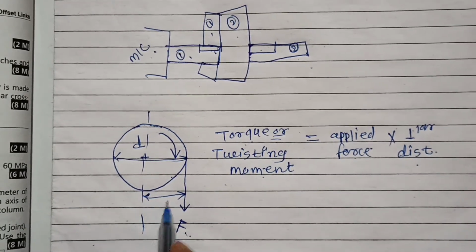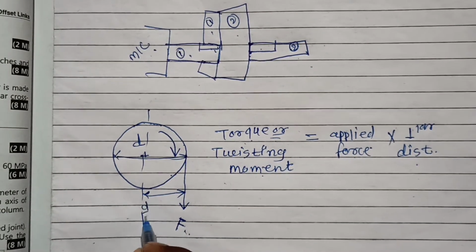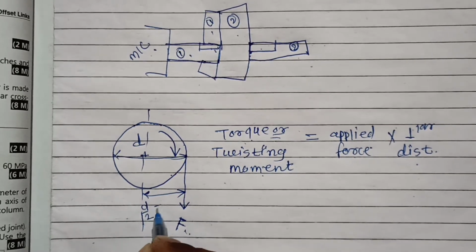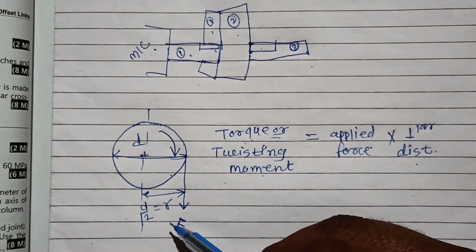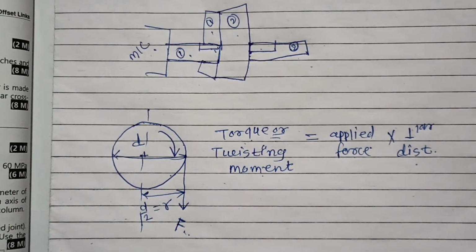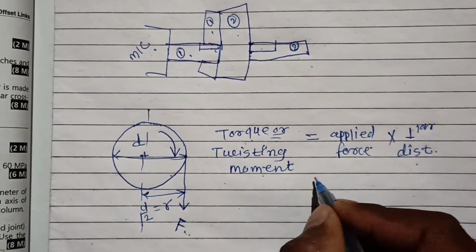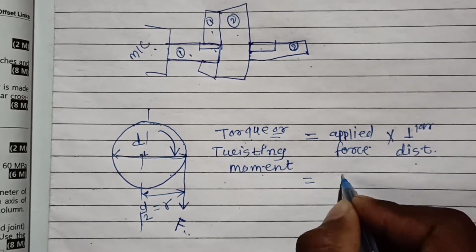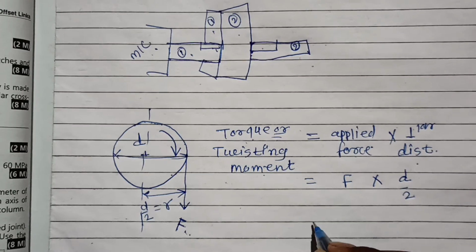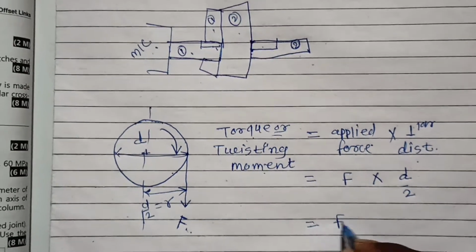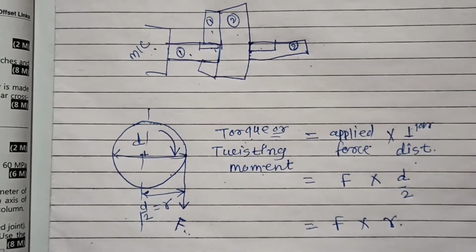How much is this? This is d by 2, which is the radius, r. Then torque is calculated as applied force F into perpendicular distance d by 2, which equals F into r.